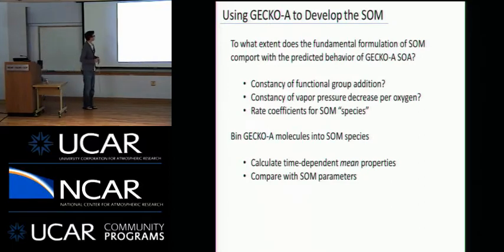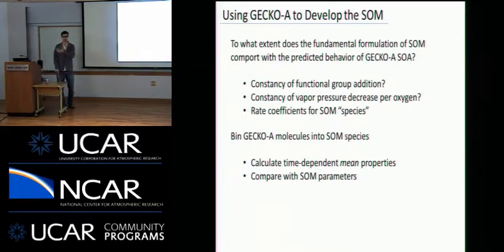So what have I actually been doing here, though? In my time at NCAR, I've been working with Alma and Julie and Sasha to think about how we can use the Gecko model, which is this chemically explicit model. It retains all of the possible chemistry. Granted, it has to make approximations along the way, but it's using the best chemical insights that it has, and can track the evolution of all the functional groups and other species involved.